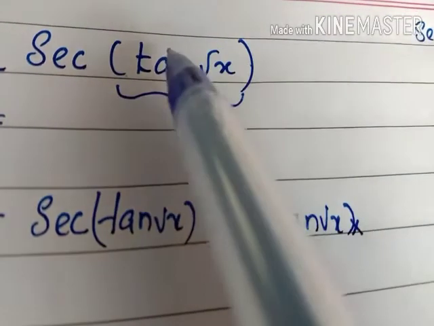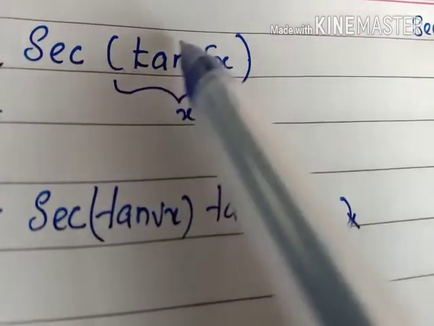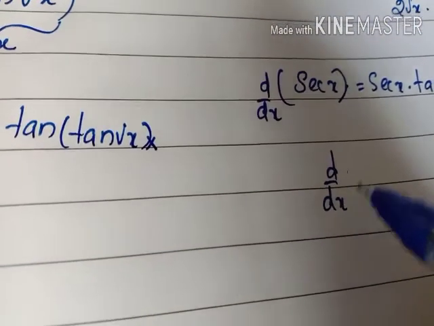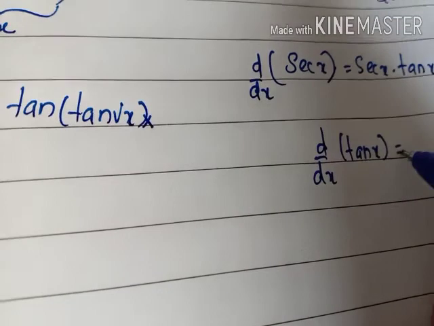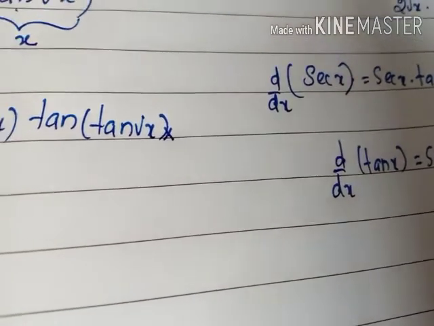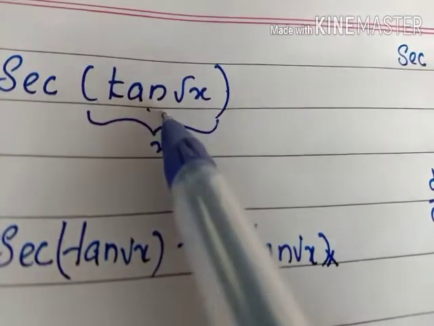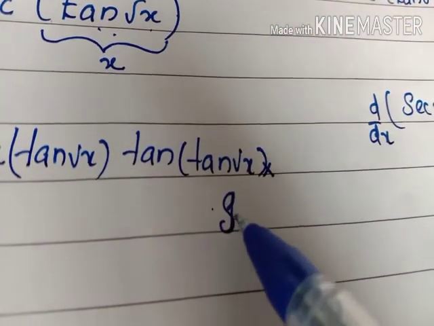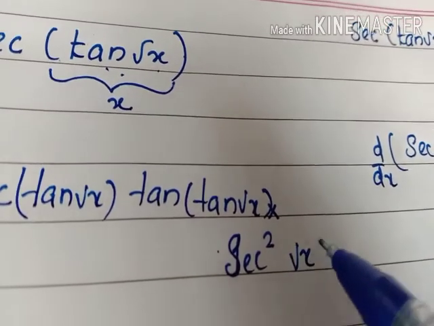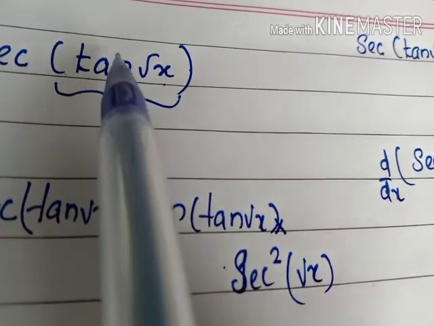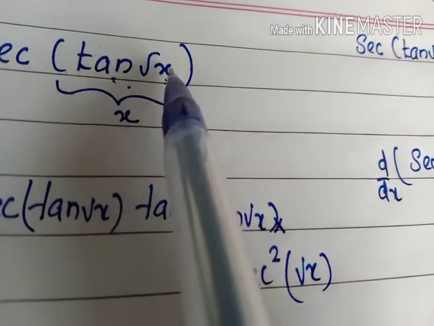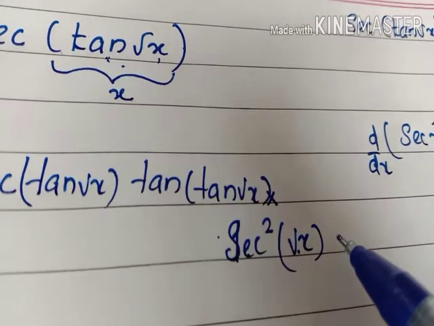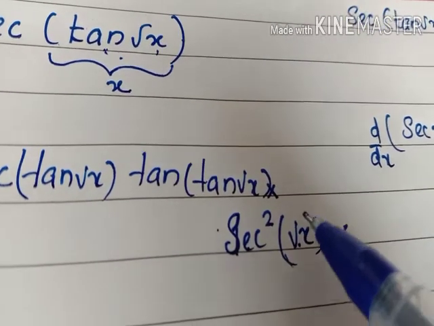Sec x tan x into, now we want to find derivative of tan root x, bracketed expression. What is derivative of tan x? Derivative of tan x is sec square x. So derivative of tan root x is sec square root x. Again, now consider root x.